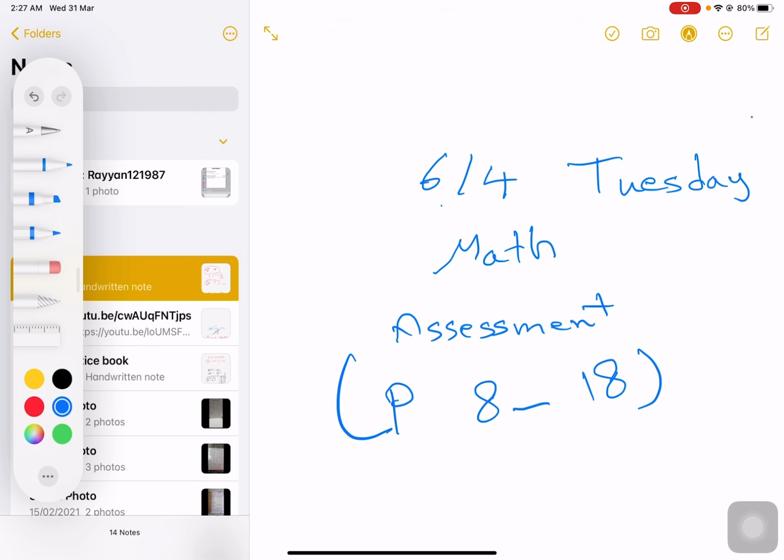So grade 2, please remember that on the 6th of April, Tuesday, you have your math assessment, the first assessment in the second semester, and the assessment will be from page 8 until page 18.